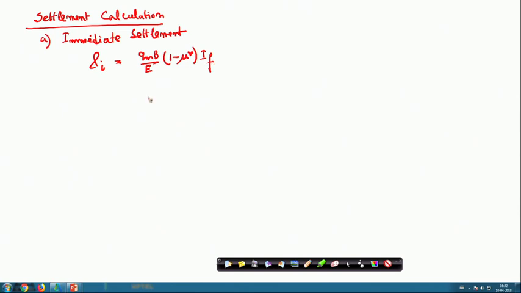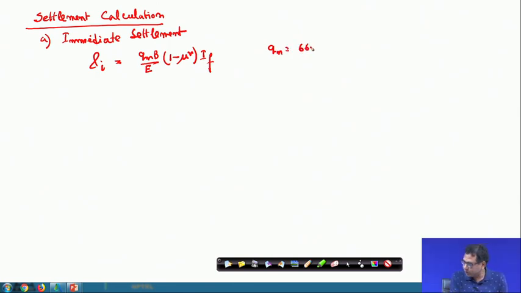The Qn value is given as 66.7 kilonewton per meter square, and B is equal to 3 meter. For the clay, the mu value is taken as 0.5. As I mentioned, for the clay we will take the mu value as 0.5, and for the sand we are taking 0.25 to 0.3.